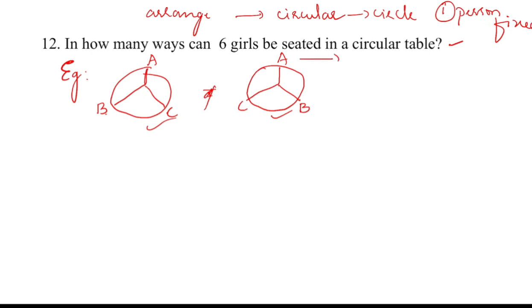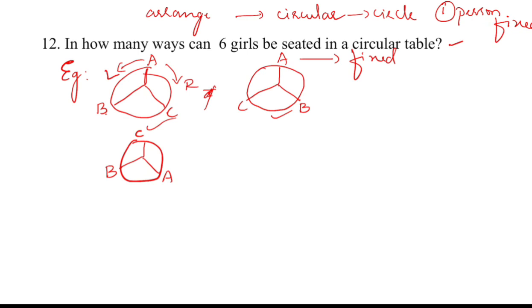Okay, now I am keeping A fixed here and only changing B and C. If you write like this, you might be thinking A here, B here and C here. It is not changing because see here, A is here. Now if A is facing outside, to the left side of A, B is there, and to the right side of A, C is there.